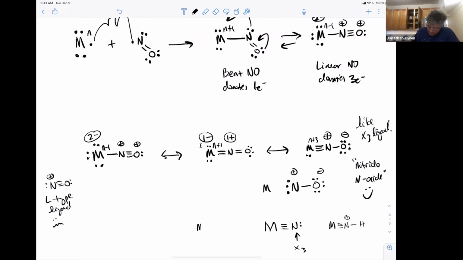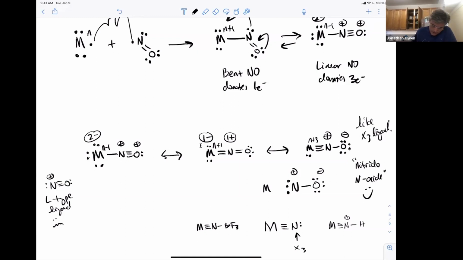Let's do another BF3. A neutral thing comes up and sticks to the nitrogen lone pair. That doesn't change the metal. It's still a triple bond to the nitrogen. It's just using its lone pair to make other connections. Right?